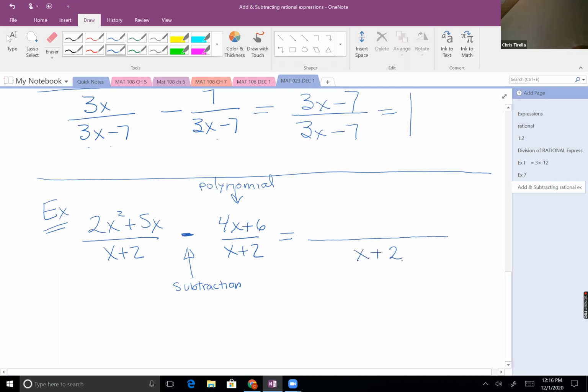I'll keep it. And then in order to subtract the numerators, because again, I am subtracting and I've got two polynomials, I'm going to rewrite it as showing the difference of the numerators. Does everybody see? I just kind of took that subtraction for the numerators and showed it.